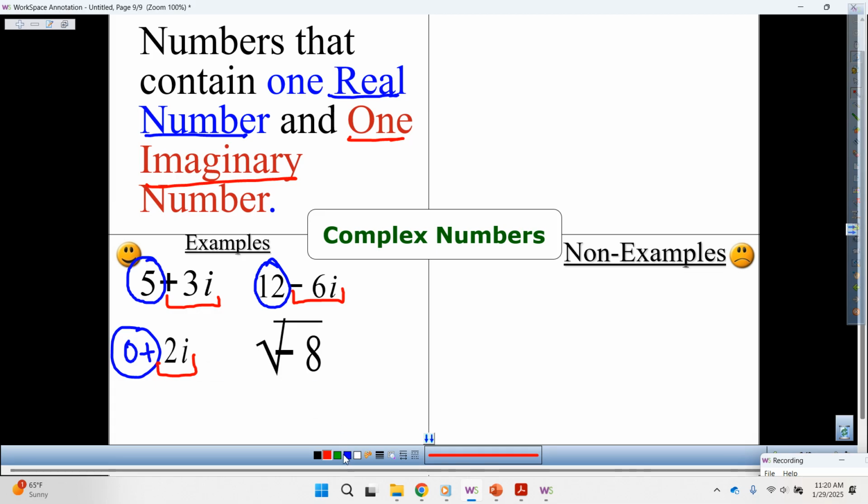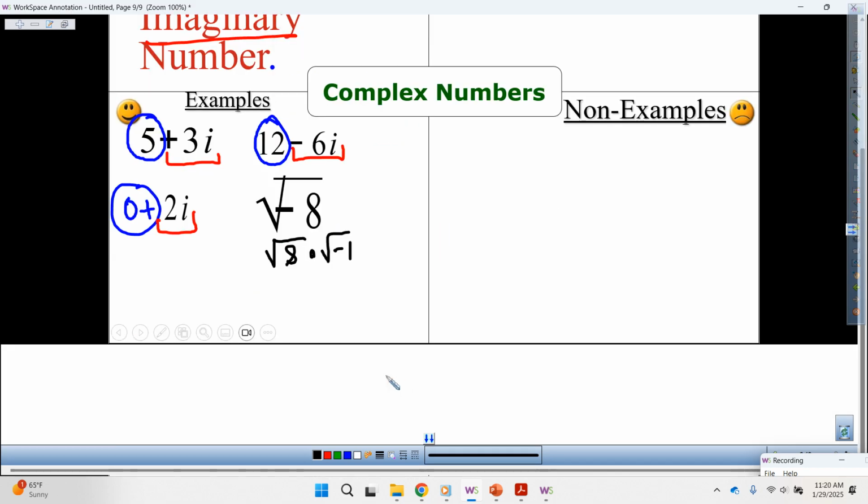This one, we can rewrite it as square root of 8 times square root of negative 1. Yes? Which means what? What is this, everyone? Imaginary. And this, I'll leave it as square root of 8. So that means my real number is 0.